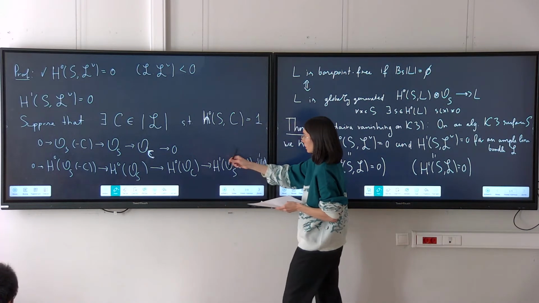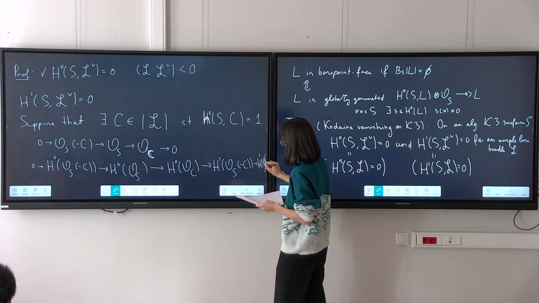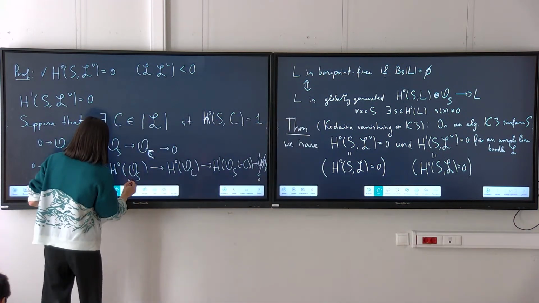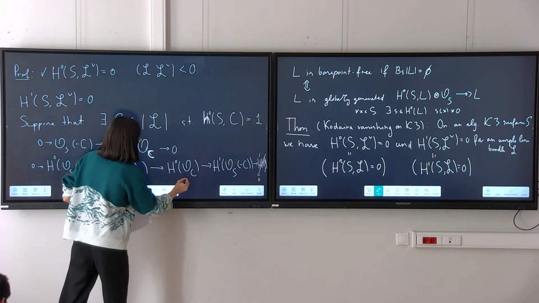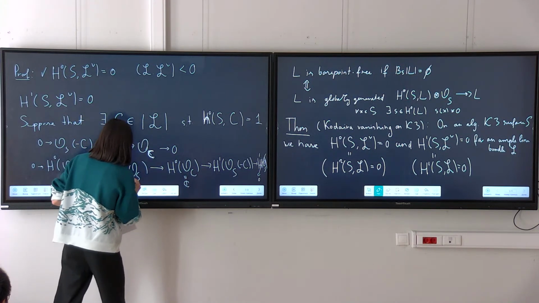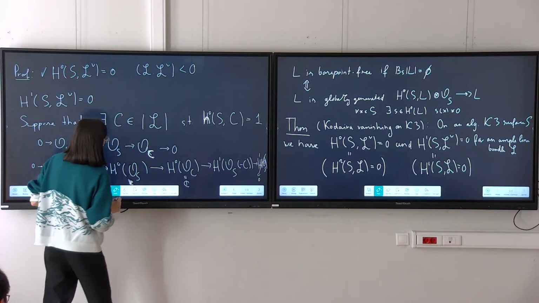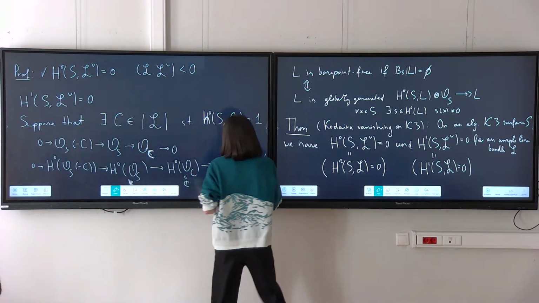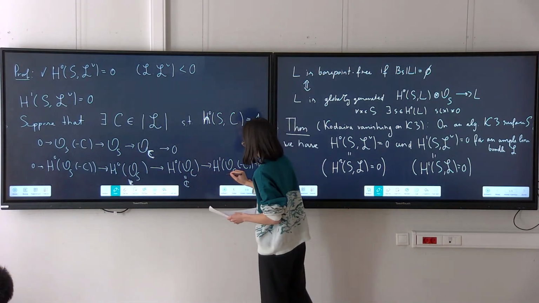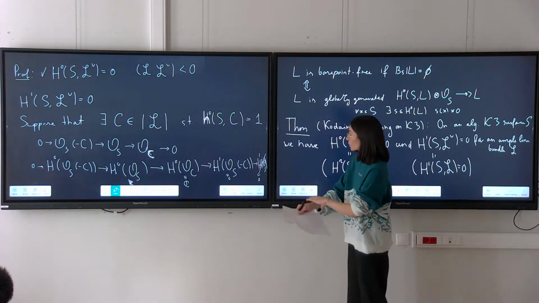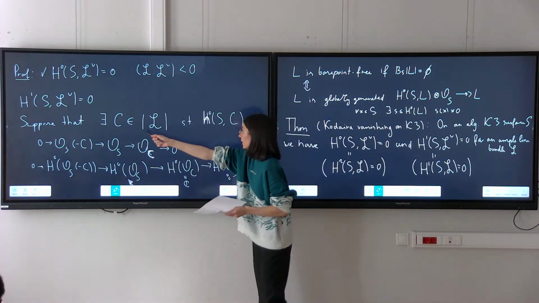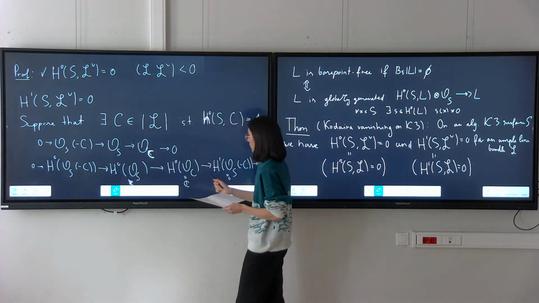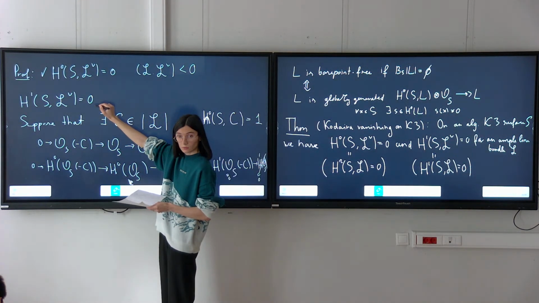We know that S is a K3 surface, so we know that this vanishes. So this is one-dimensional, and we suppose that this is also one-dimensional. From this, we obtain that this also vanishes, right? So if there exists such a divisor, then we obtain this vanishing, right?